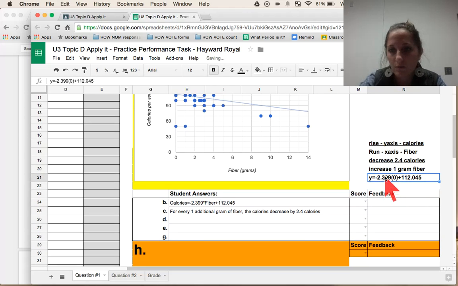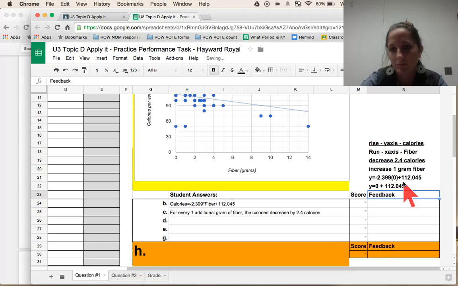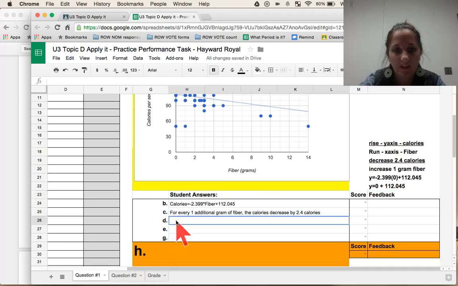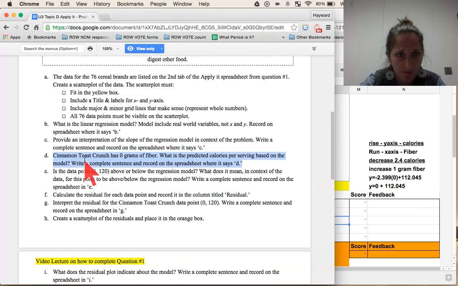Okay, so negative 2.399 times 0 is 0. And so this really is 0 plus 112.045, which means it's 112.045.